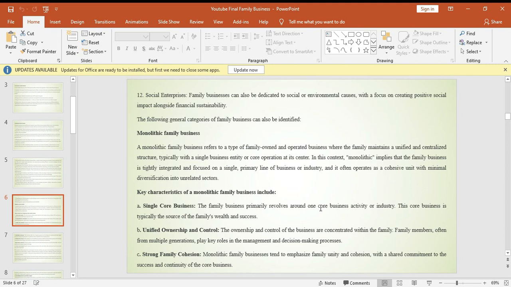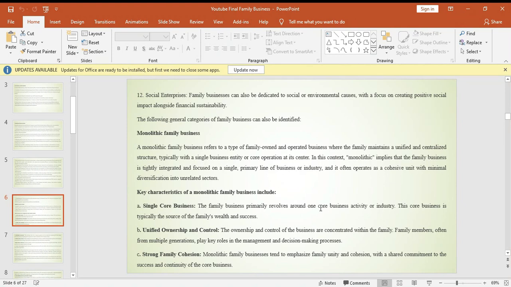We have already mentioned monolithic family business, but here let us explain it. A monolithic family business refers to a type of family owned and operated business where the family maintains a unified and centralized structure, typically with a single business entity or core operation at its center.